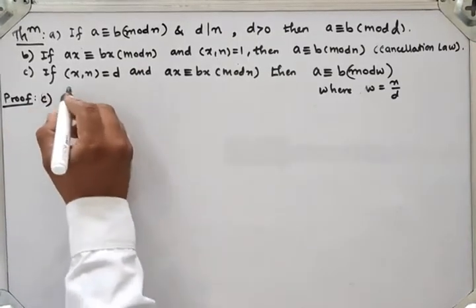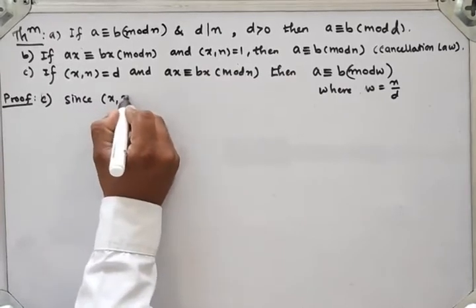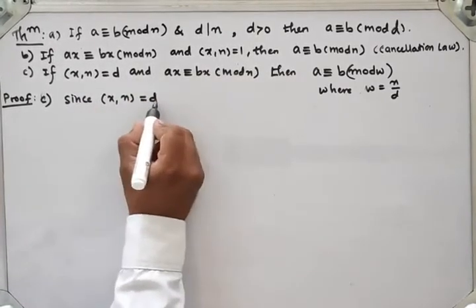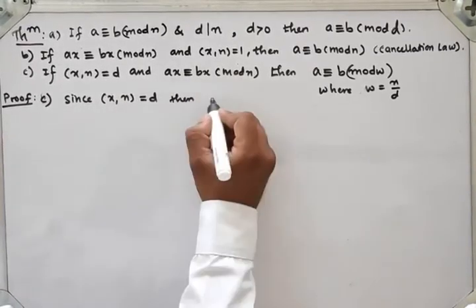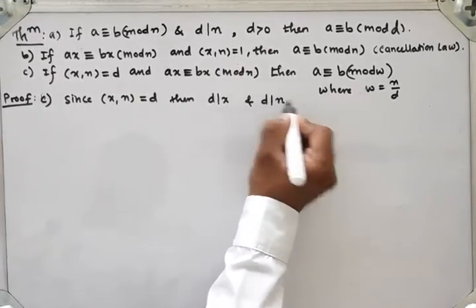Since we are given that GCD of x and n is d, then by using the definition, if d is the GCD of x and n, then what is the definition? d divides x and d divides n.